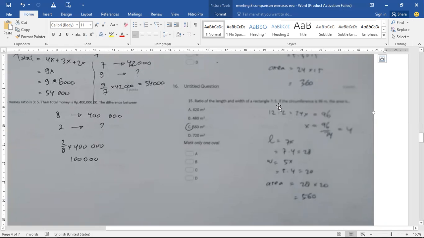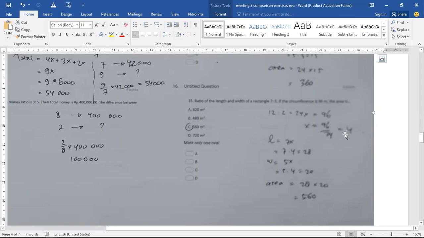So 7 plus 5 is 12. So 12 times 2, so 24x, x is 96 per 24. So it is 4. So how do we get 24 from 12 times 2? How can we find 12 from 7 plus 5? Because the ratio is 7 plus 5.